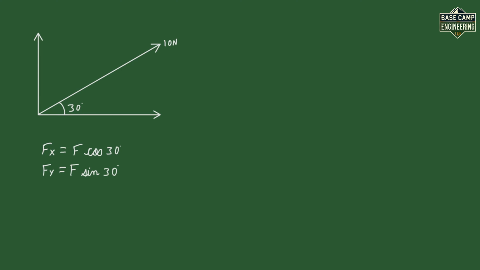For a 30-degree angle, cosine of 30 degrees is about 0.87 and sine of 30 degrees is 0.5. So, the forward force is 8.7 newtons and the upward force is 5 newtons. That means 8.7 newtons moves the wagon forward and 5 newtons pulls it up. Trigonometry helps us split the force. Let's try a simple math problem to see trigonometry in action.